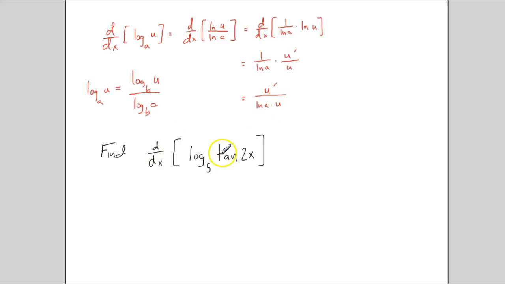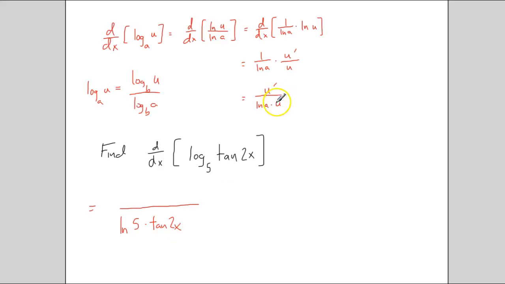Okay, so how do I find the derivative here? Log base 5, that's the ln that we need, the ln of 5. And then we would take the derivative of tangent 2x over top of tangent 2x. So this is going to be the natural log of 5 times the original inner function. This is u in here, whatever was in the original one, so tangent 2x.